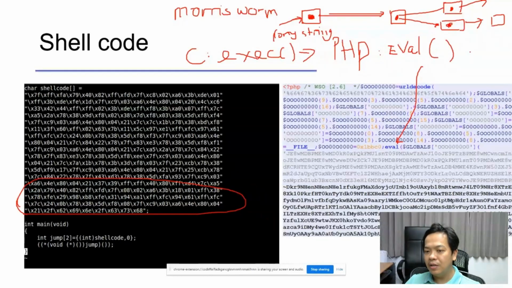Compared with the current network, maybe it's very few, but the Morris worm showed that they can exploit a very small error or security problem and spread over a lot of computers on the internet in a short time.